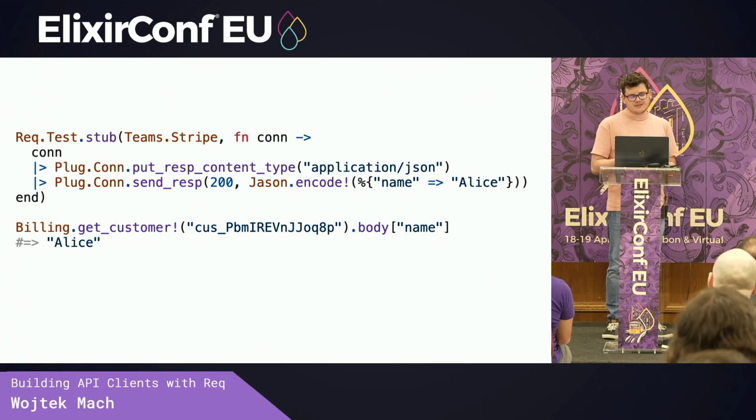It owns the implementation of this stub, if you will, and you can have concurrent tests. So this test is going to have this implementation, some other test is going to have some other custom implementation, and they can run concurrently. They don't conflict.